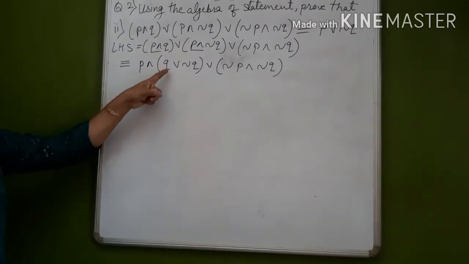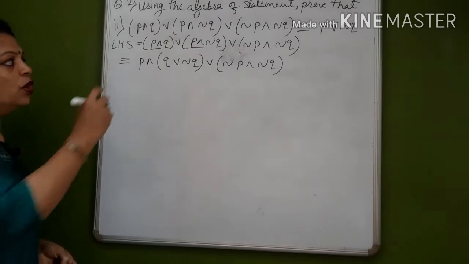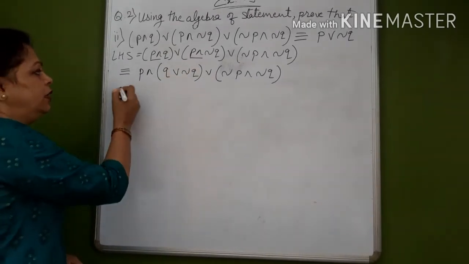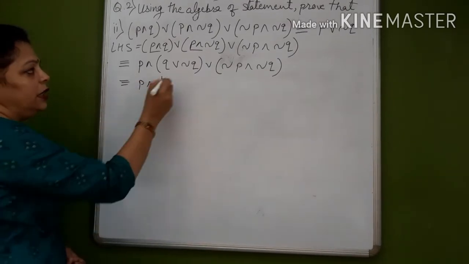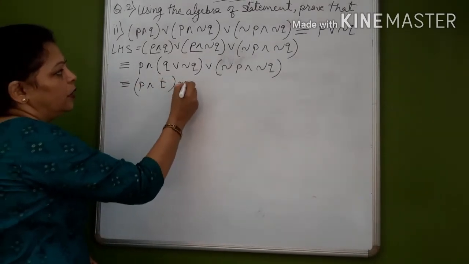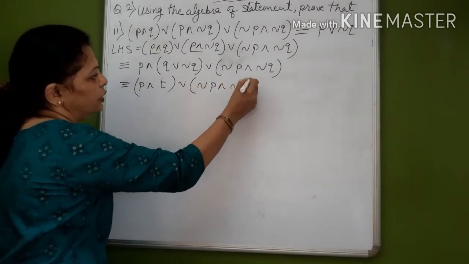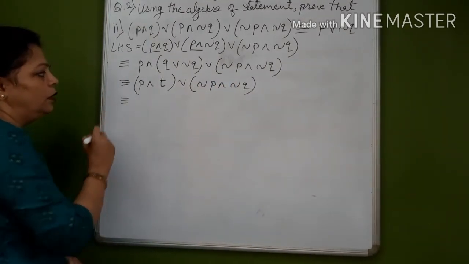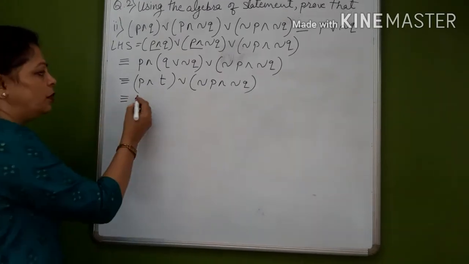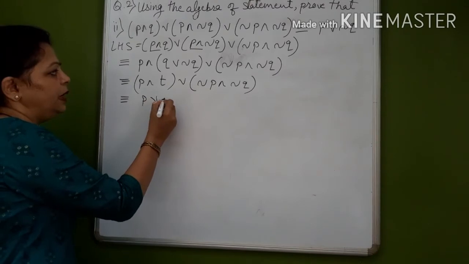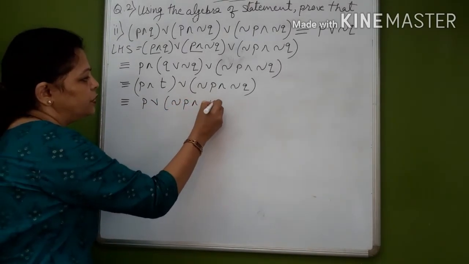Now here Q or negation Q, what is it? Q or negation Q is T. So this is equal to P and T or negation P and negation Q. Now P and T will be P, complement law. So you get P or negation P and negation Q.